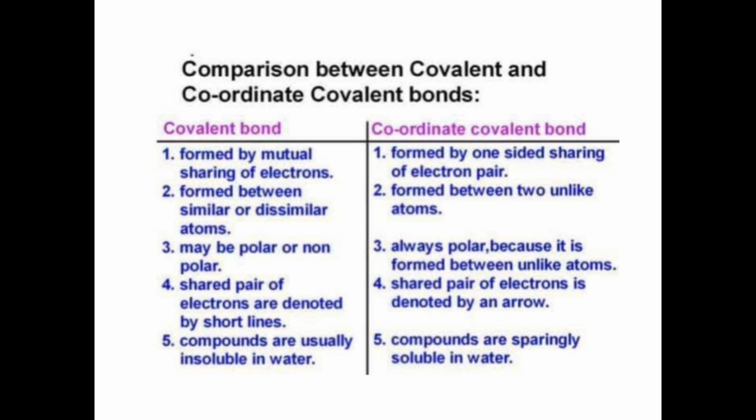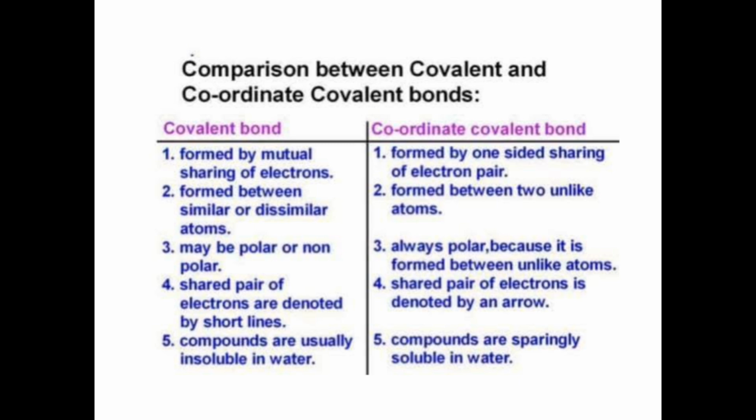We can look at a comparison between ordinary or pure covalent bonds and coordinate covalent bonds. These are salient differences. Covalent bonds are formed by mutual sharing of electrons. Coordinate covalent bonds involve one-sided sharing of an electron pair. Number two, pure covalent bonds are formed between similar or dissimilar atoms.